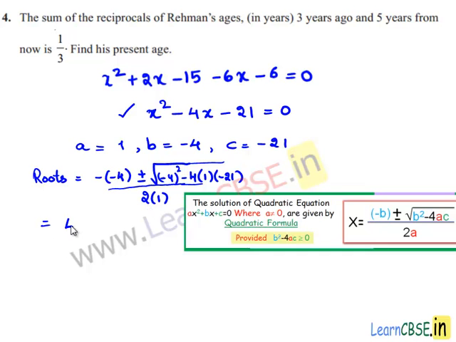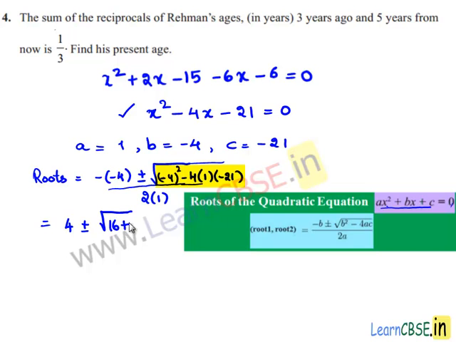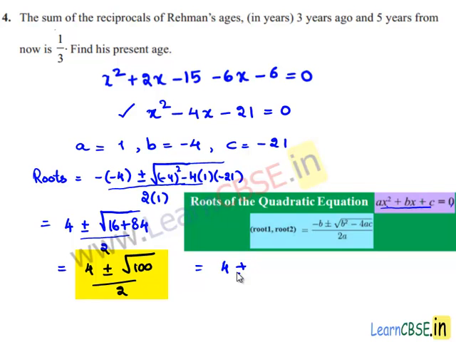This is equal to 4 plus or minus square root of 4 square is 16 plus 21 fours 84, divided by 2. So this is nothing but 4 plus or minus root of 100 divided by 2, which is 4 plus or minus 10 divided by 2.